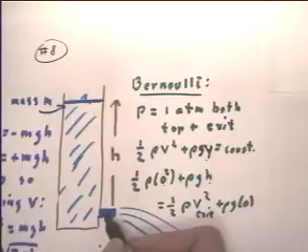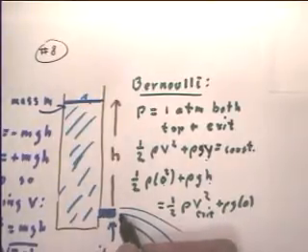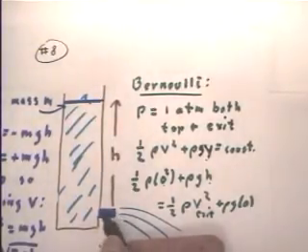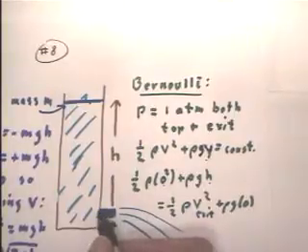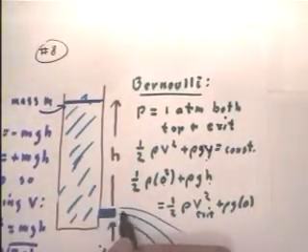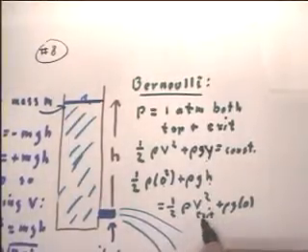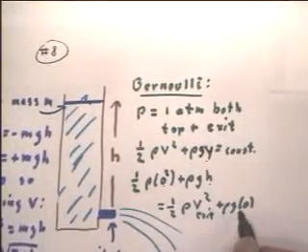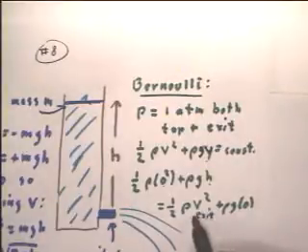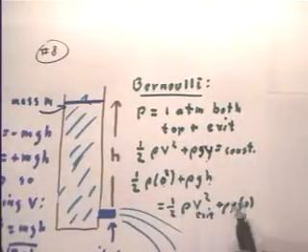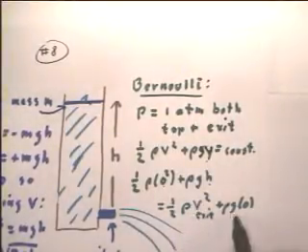Down here, the velocity is unknown and the altitude is, we've determined, 0. We've declared that this is our 0 point for altitude. So 1/2 rho times v exit squared plus rho g times 0 is this side, and these two have to be equal.